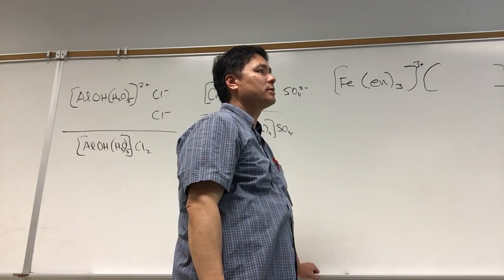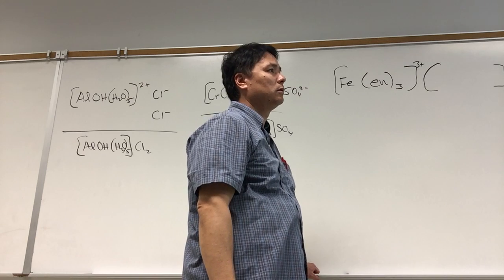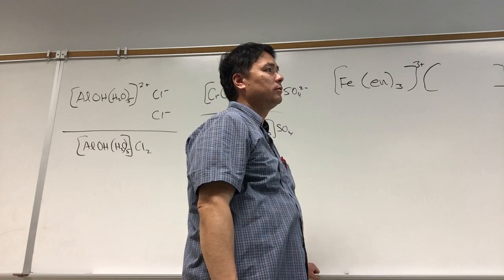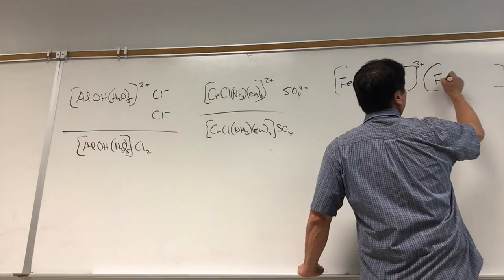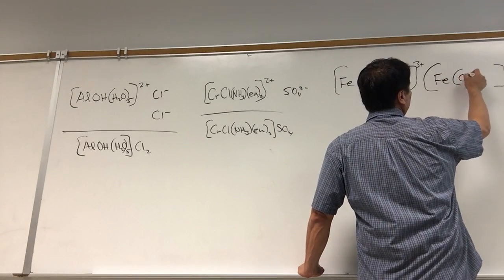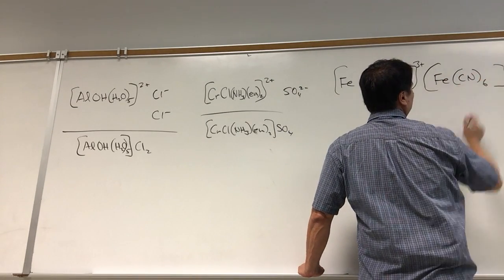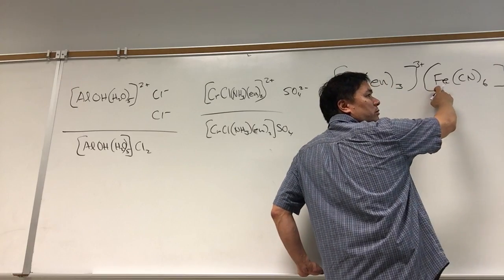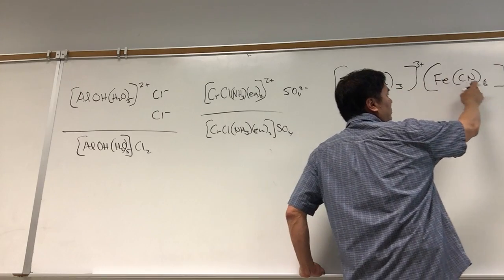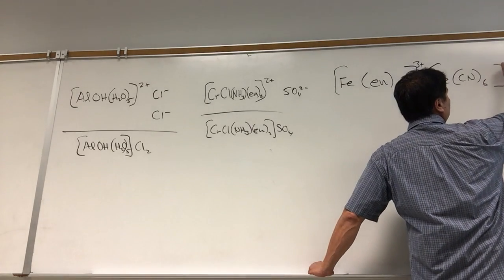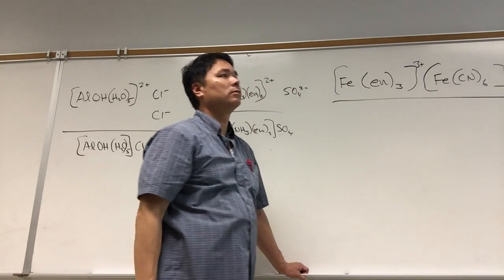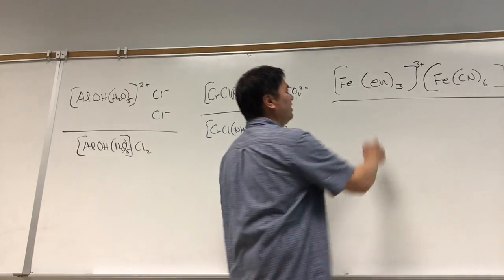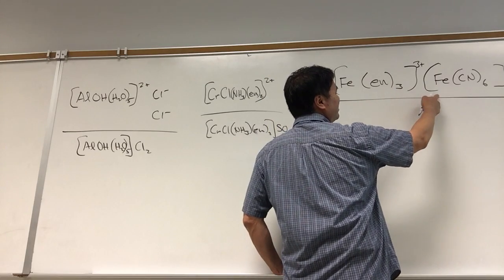The anion is going to be hexacyanoferrate 2. So how do we write that out? Fe, CN 6. Oh, iron's 2. So if iron's 2, this is 2 plus minus 6 gives us 4 minus. Right? And so how many of these do I need? And how many of these do I need?